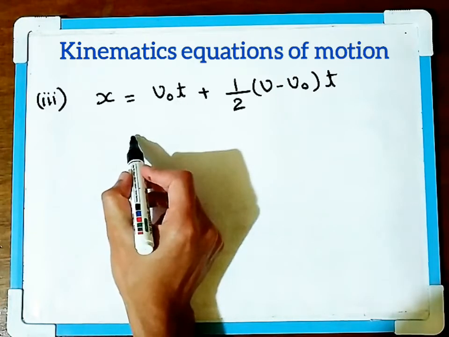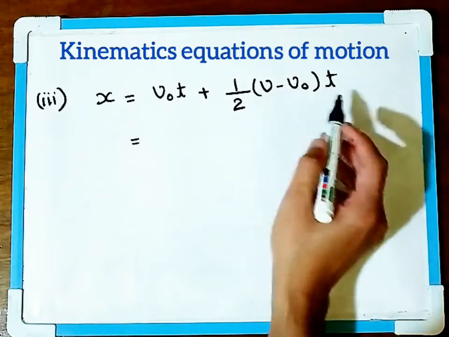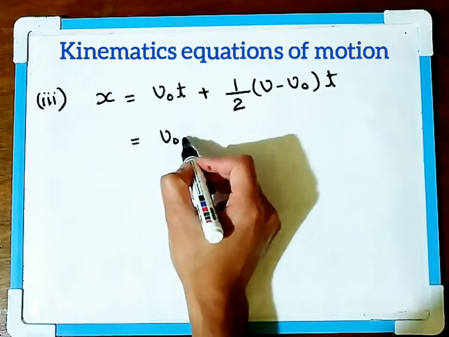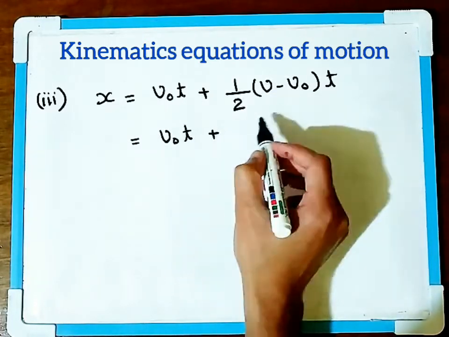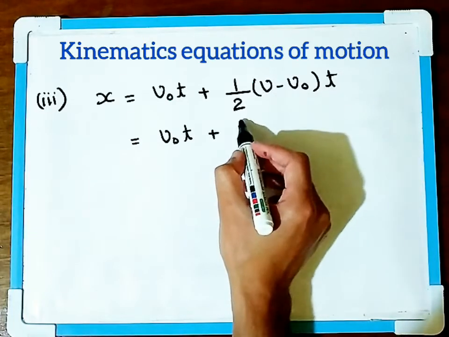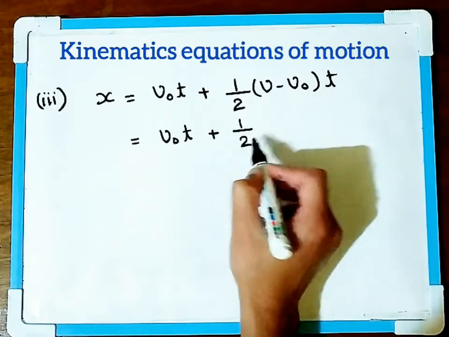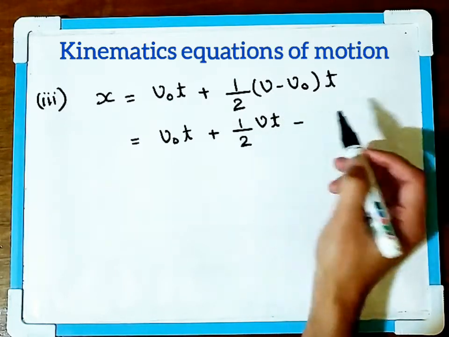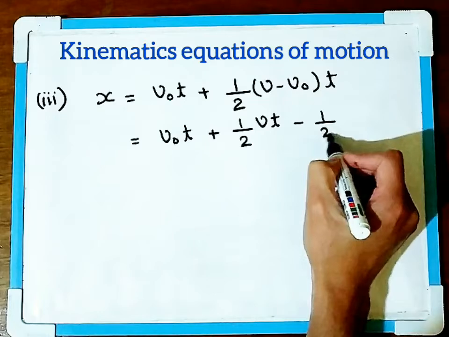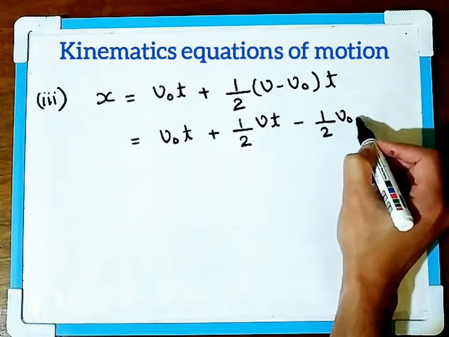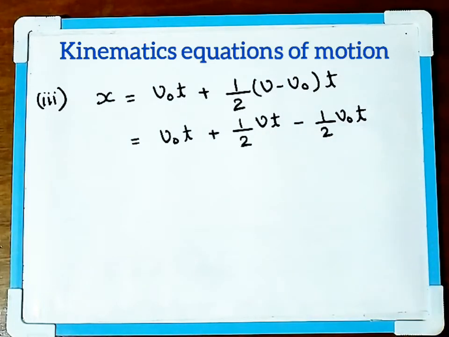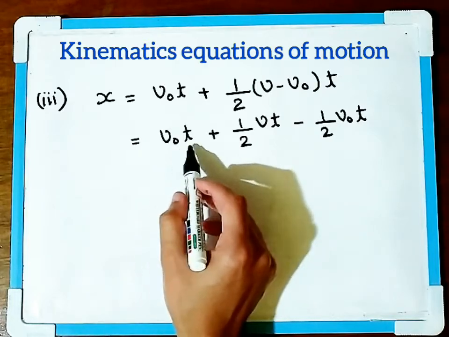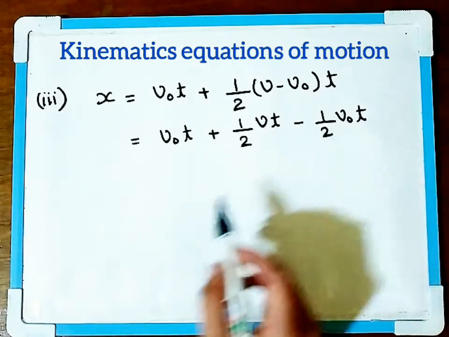So what I'll do now is open the bracket. Opening the bracket, I'll have half vt minus half v naught t. Then we have here v naught t minus half v naught t.